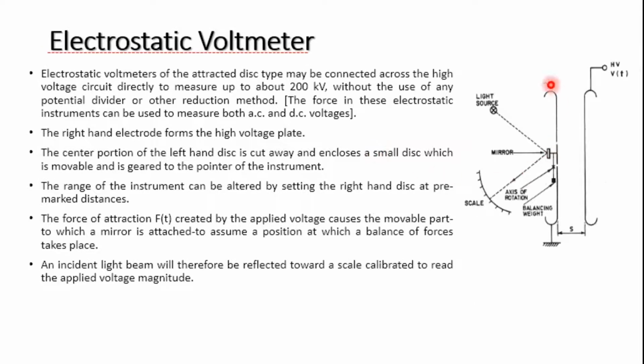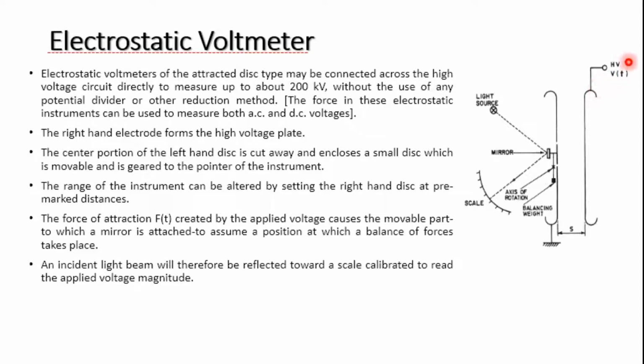Next, coming to the circuit diagram, an electrostatic voltmeter of the attracted disk type may be connected across the high voltage circuit directly to measure up to 200 kV, without using any potential dividers. These instruments can be used for both AC and DC. You can see this is the circuit diagram.